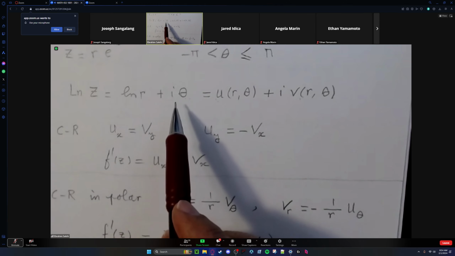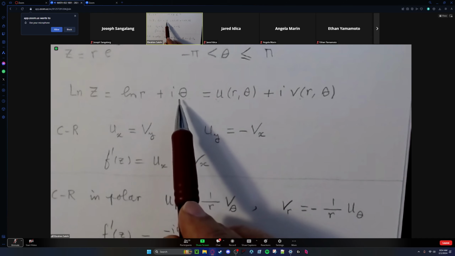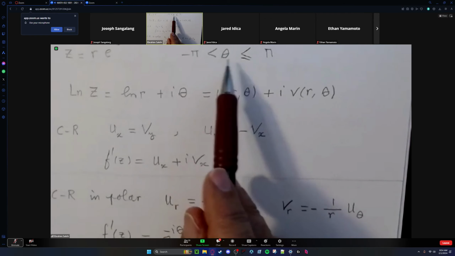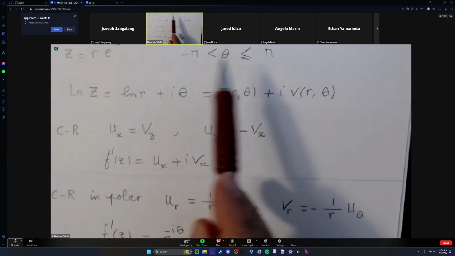The question that I want to examine, yeah, this one is fine, but this one, is this continuous? Remember, we are talking about the principal argument, so theta has to be between negative pi and pi.